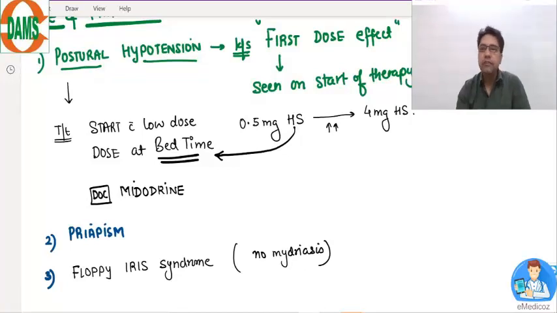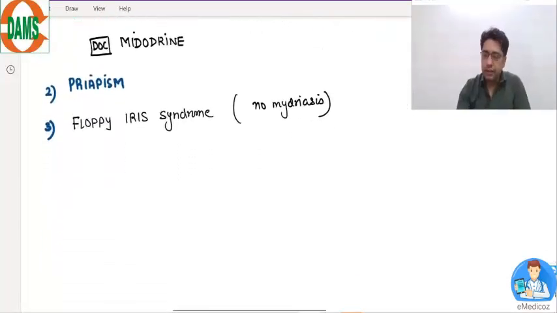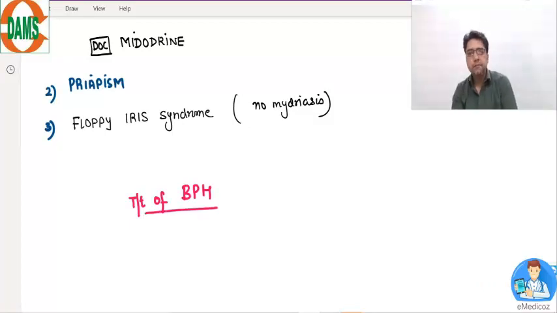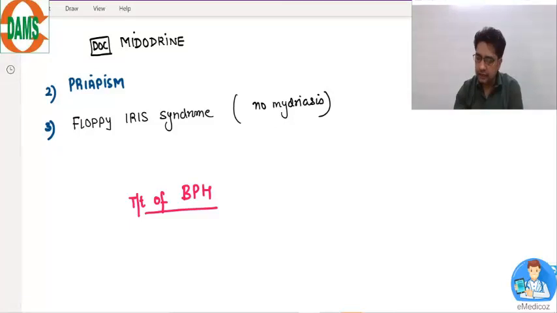Now, before going further, let's see the treatment of BPH, benign prostate hypertrophy. What is the problem in BPH? We all know that this is the bladder.